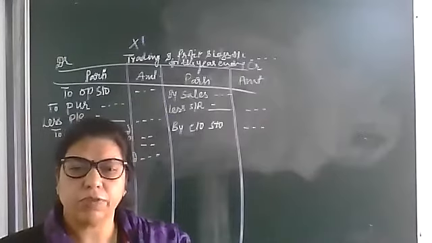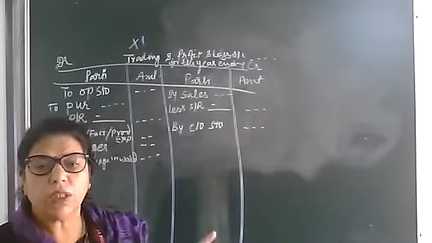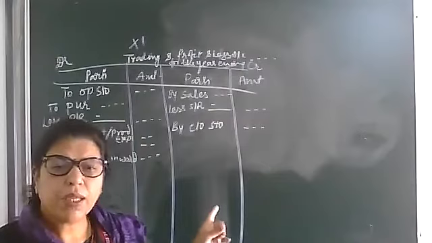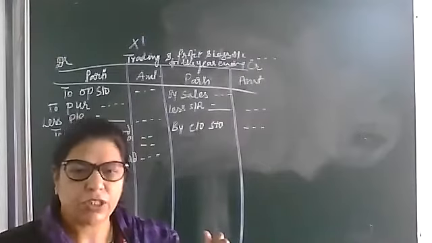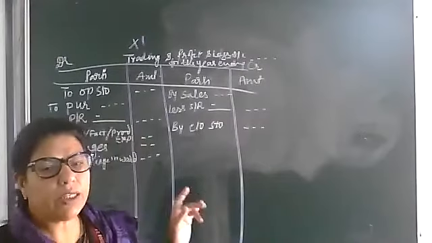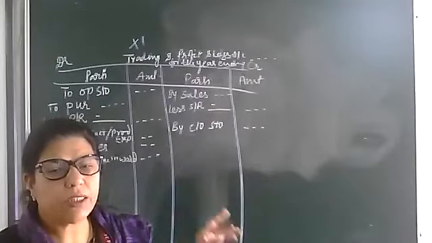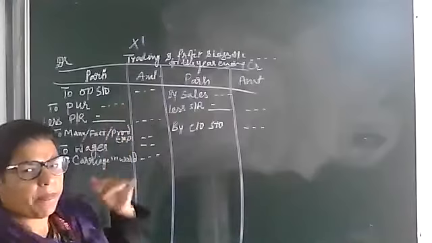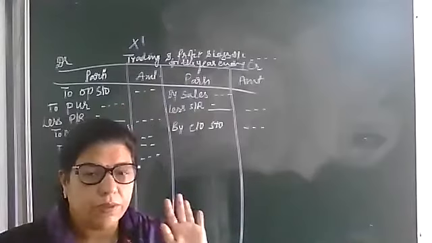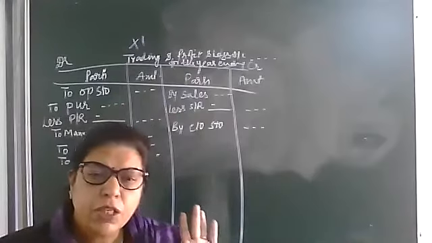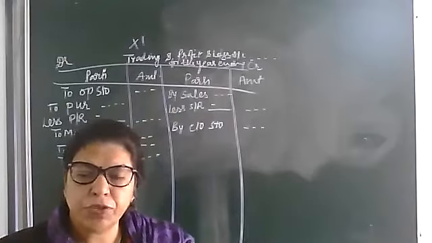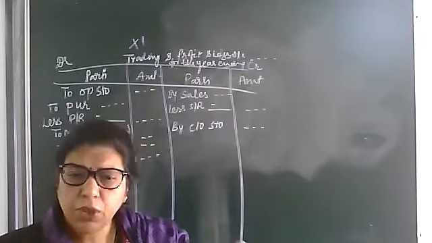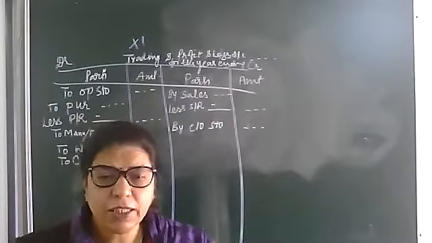Cartage is also given in a few books. Inward is entered here, outward in profit and loss. Very good. Inward is related with the production, related with the factory, related with the purchase or production, manufacture. That's why here.